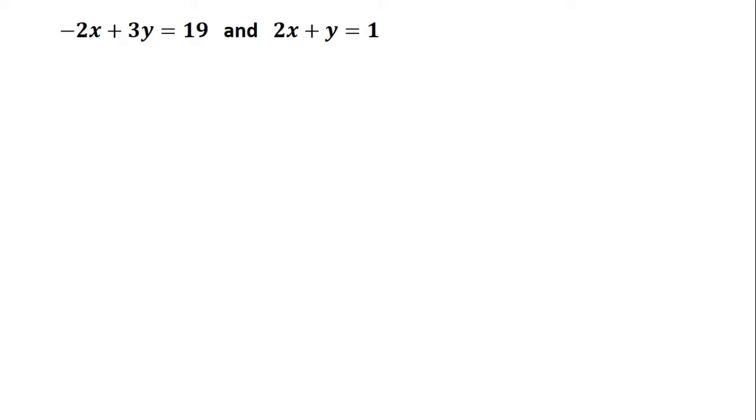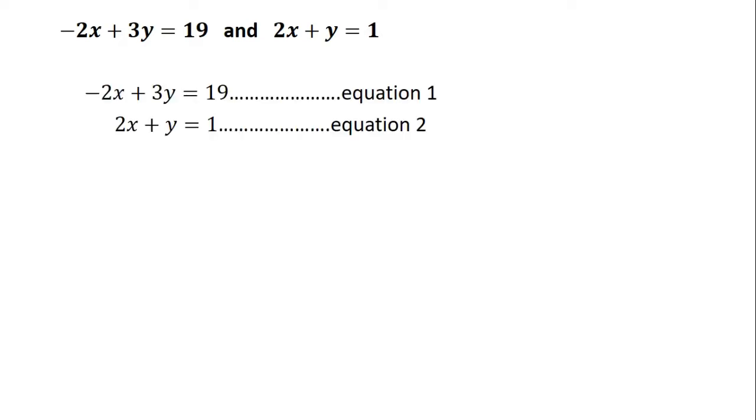So as we did in the previous video, we are going to list our equations in order. Then I'll name the first one as equation 1 and the second one as equation 2. Now we have our equations in order. The next step for us to do is to find the coefficients of the variables in each equation.